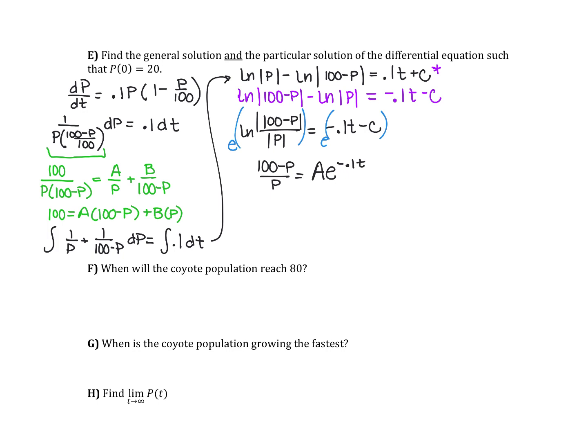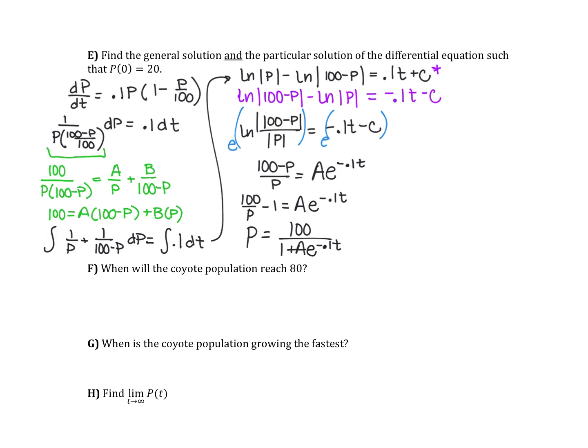And if I were to solve for P at this moment without using the initial condition, to be honest, this is probably where I'd use the initial condition. But if I were to solve this using the initial condition, I would get 100 over P minus 1 equals A e to the negative 0.1 t. And moving the 1 over, doing some math, we get P equals 100 over 1 plus A e to the negative 0.1 t.